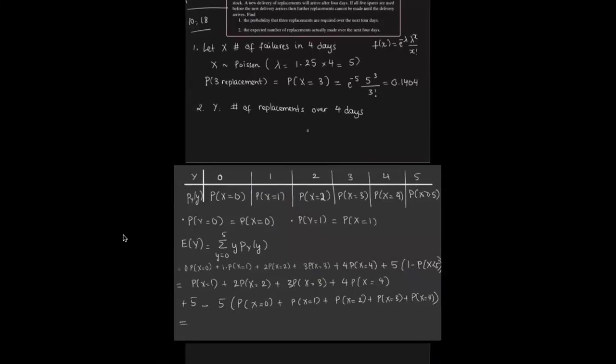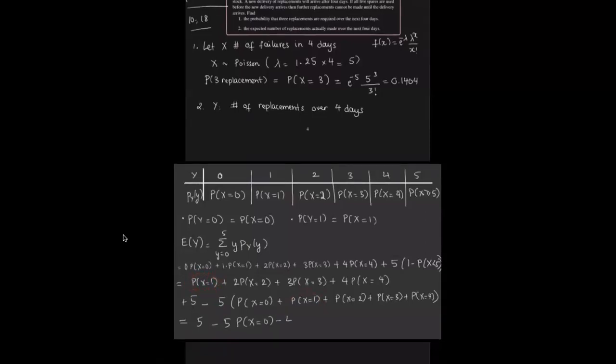So if we continue, we would have 5 minus 5 probability of x equal to 0. I have minus 5 probability x equal 1 plus 1 probability x equal 1. So it is minus 4 times probability of x equal to 1.